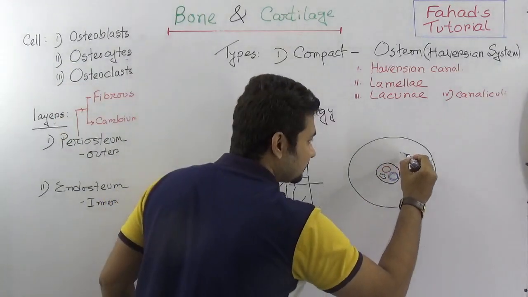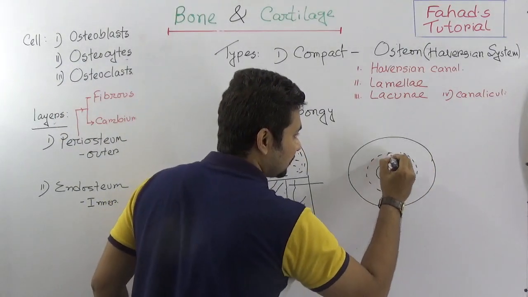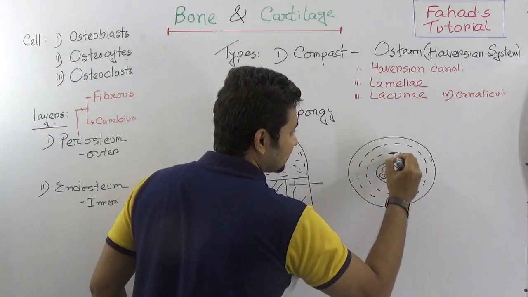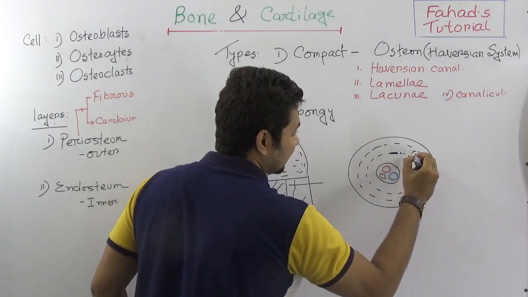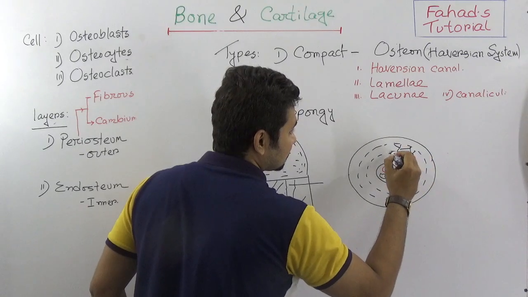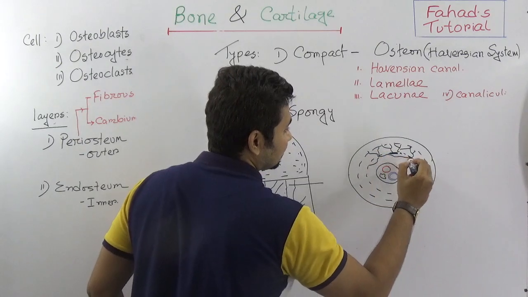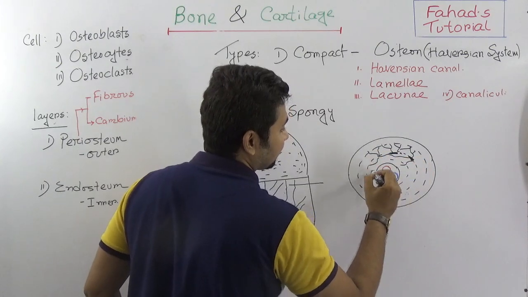Outside, you see circular structures that are connected with each other, and this small structure is again connected with the circular channel that is called canaliculi.